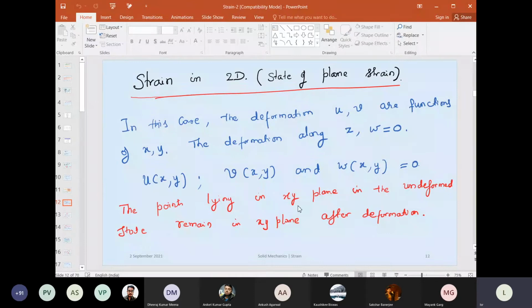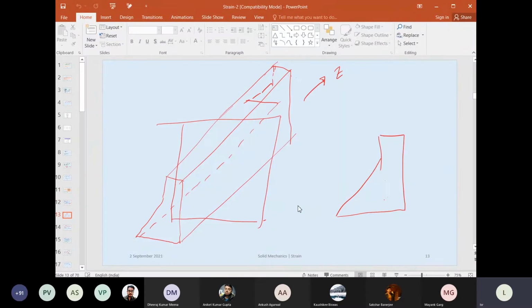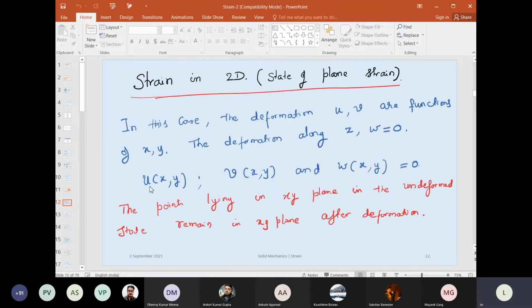We said 2D deformation we can do. In this case, we will have only U and V deformation. W deformation is 0. They are all functions of x, y. That means if a point is lying in the xy plane, after deformation it will remain in the xy plane only.